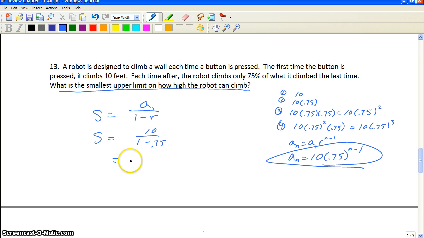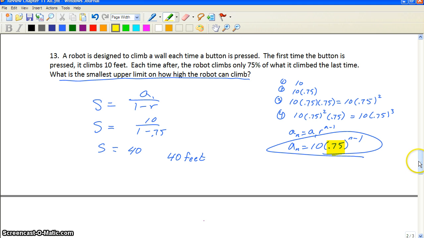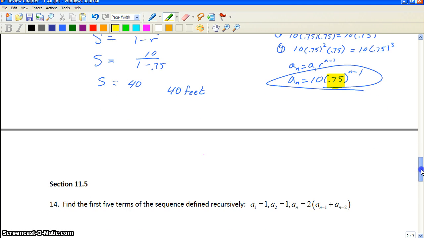The total distance that this robot can climb is actually 40 feet maximum. We know that because it's a geometric sequence, and we're talking about the smallest upper limit it can climb forever. And we have a rate whose absolute value is less than 1, so there's going to be a sum as the sequence goes off into infinity and beyond.